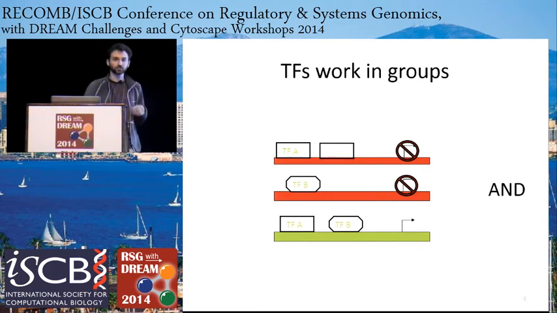Many times you actually need to have multiple transcription factors acting in concert. And so you'll see something like this, where you have transcription factors A and B, now both of them active. And even though they're active, there's some number of genes which are bound by transcription factor A and some number of genes bound by transcription factor B that are not active. But when you look at genes bound by both A and B, well, they will be active.